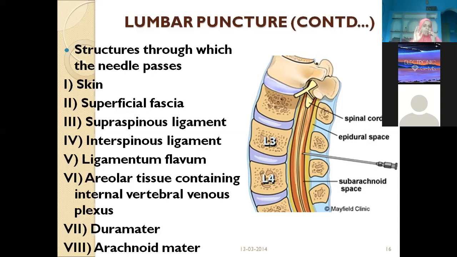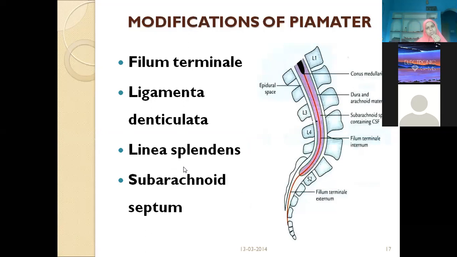For example, in tuberculosis it becomes cobweb-like, spider web-like. In some other infections like fungal infections, it can be greenish. In cerebral hemorrhages, it can be reddish because of bleeding. In lumbar puncture, whatever tissue is pierced is listed here, not so much required.